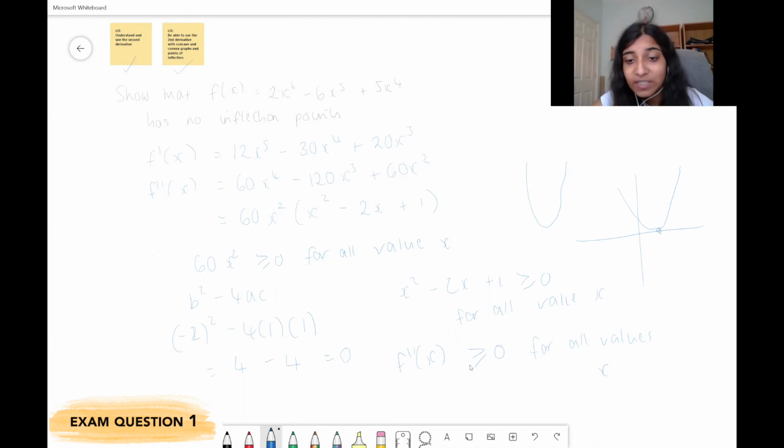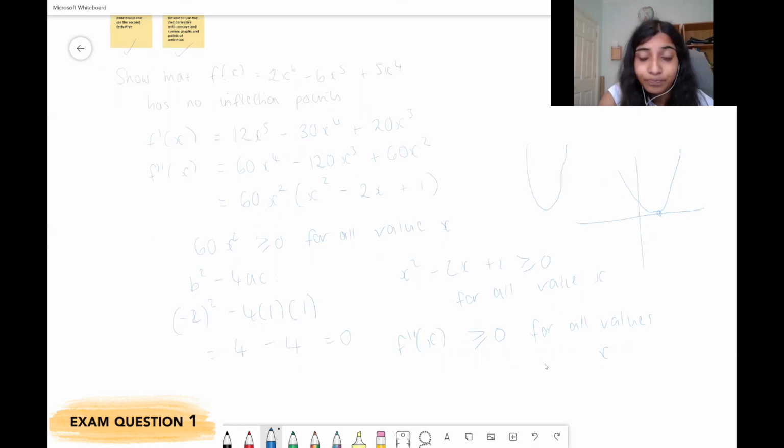Because we don't have a concave and convex part of our graph, it's just convex for all values of x. That just means that there's no inflection point. So you can say because it's greater than or equal to 0, therefore f of x is convex for all values of x, so therefore no inflection points.